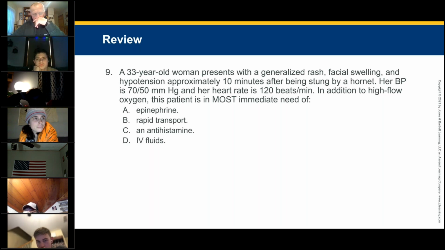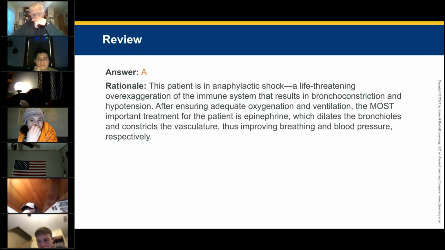All right, very good. A. This patient's in anaphylactic shock, and the only true way to treat that is going to be epinephrine.